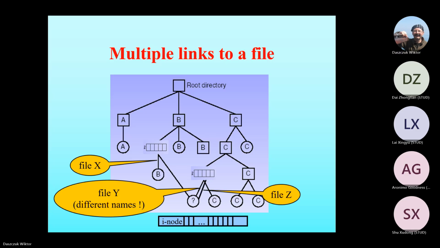We can make another link to this file in the same directory, for example, with name Z, that has the same link to the same inode. They all point to the same inode. And the inode defines position on the disk where the file is allocated.